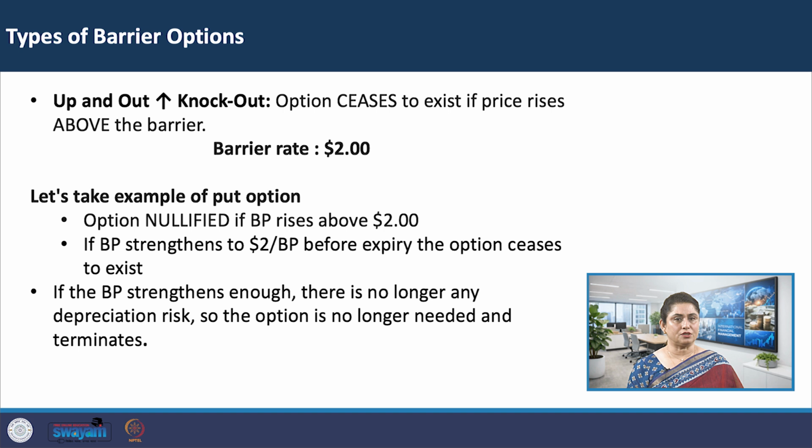This put gives the company the right to sell British pounds at 1.80. However, if the British pound strengthens to 2 at any point before expiry, the option is nullified or knocked out. If the British pound strengthens enough, there is no longer any depreciation risk, so the option is no longer needed and terminates.